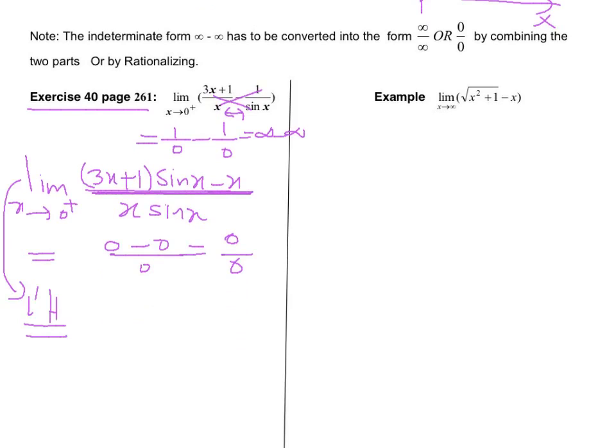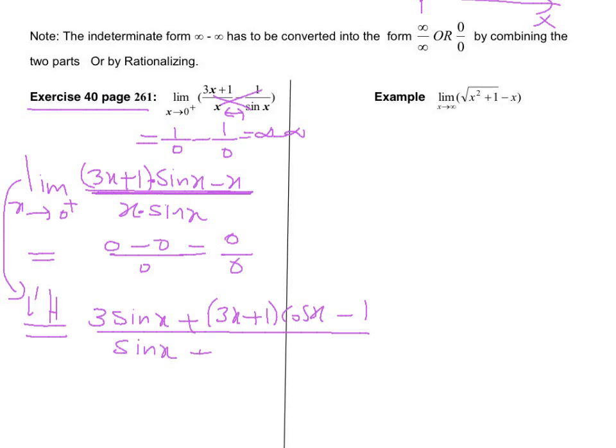So differentiate the numerator. Here you have a product. The derivative of 3x plus 1 is 3, times sine x, plus 3x plus 1 times cosine x, minus 1, divided by the derivative of the denominator, which also uses the product rule: sine x times 1 plus x times cosine x.